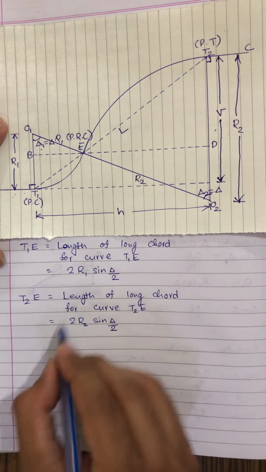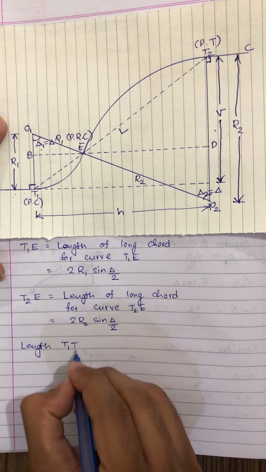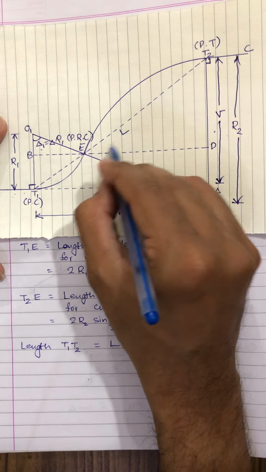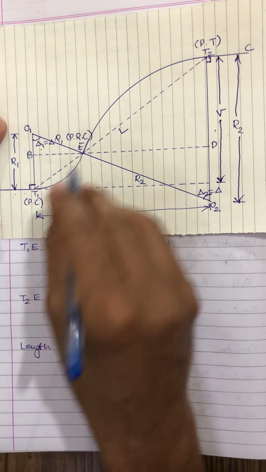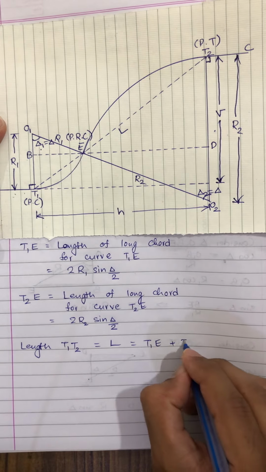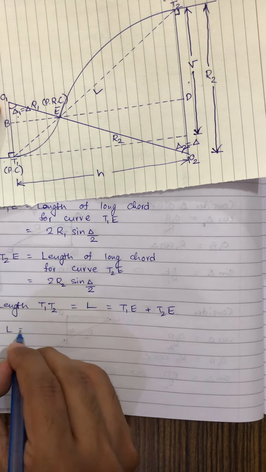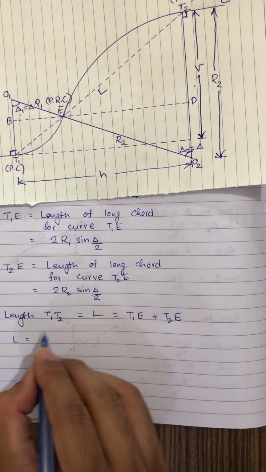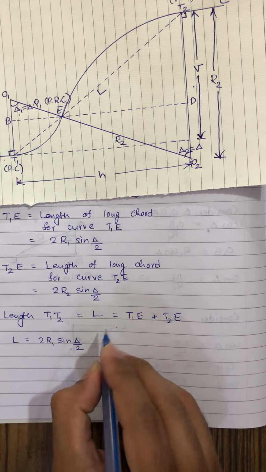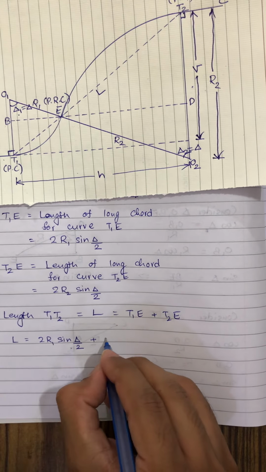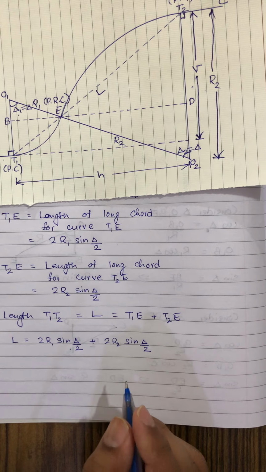This length T1T2 is equal to this capital L, which is equal to this T1E plus this T2E. So L will be equal to T1E, that is 2R1 sine delta by 2, plus T2E, that is 2R2 sine delta by 2.